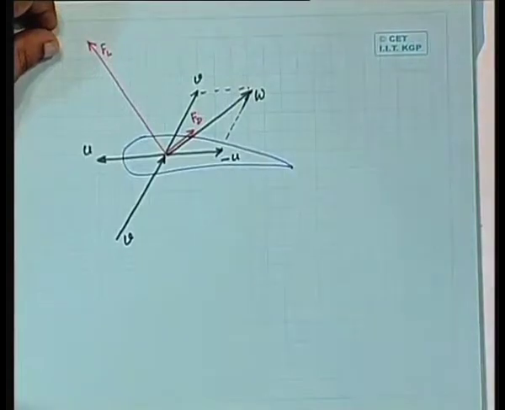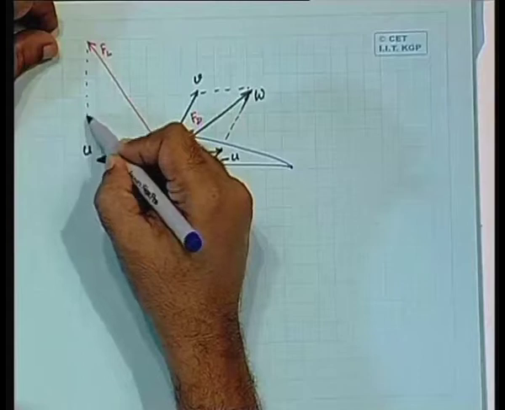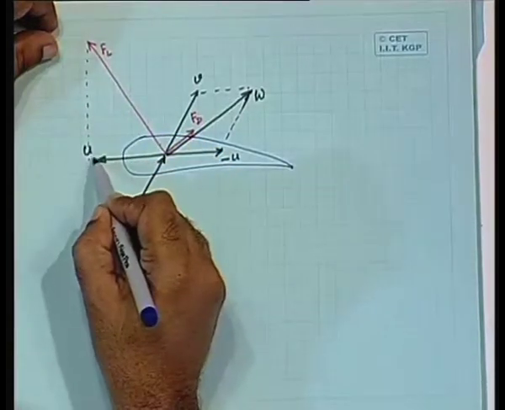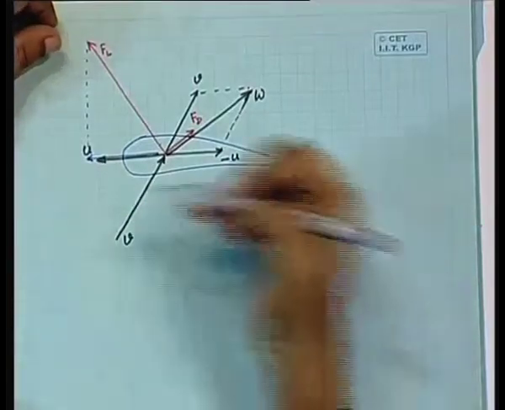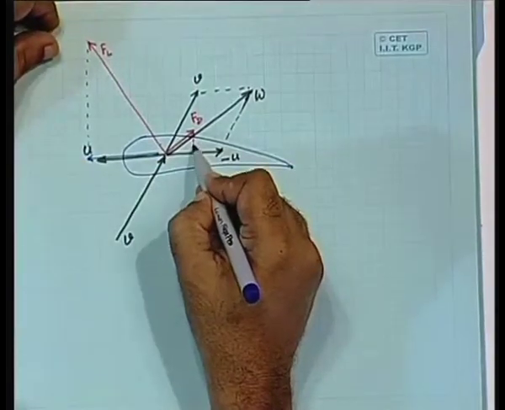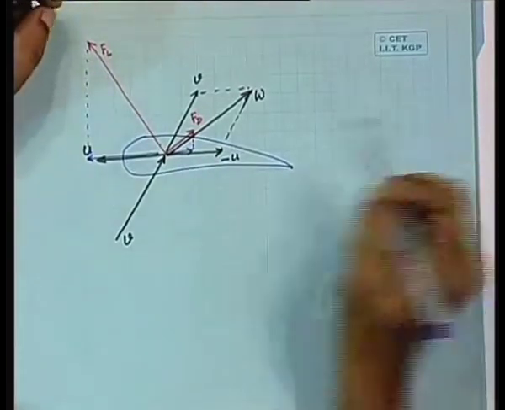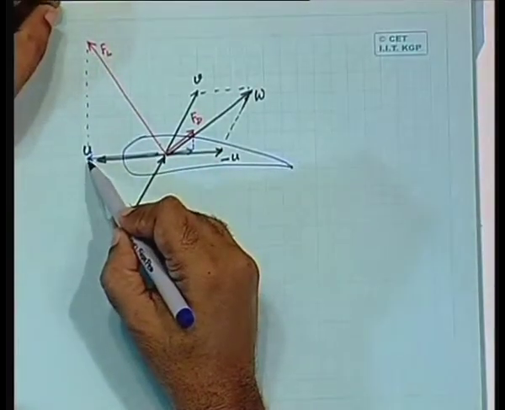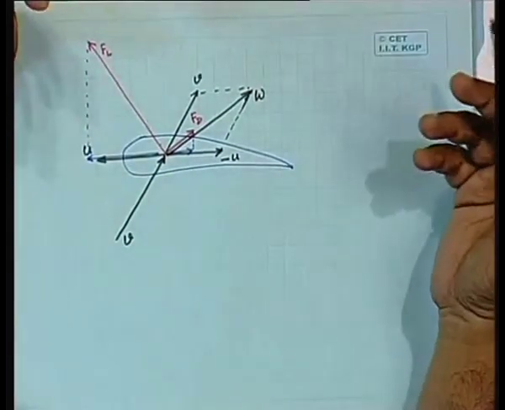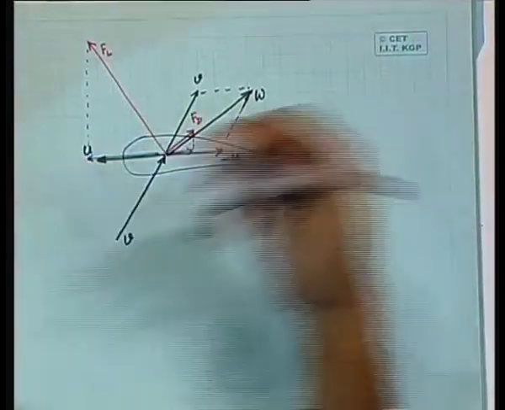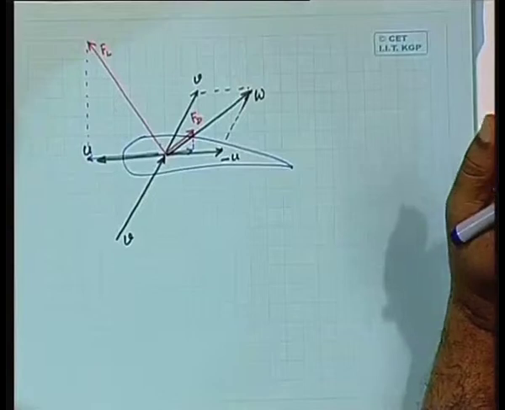So you have a projection of the lift force in the direction of motion and a projection of the drag force in the direction opposite to the motion. And since this force overwhelms this force, you have a net force that tries to push it further in the direction it is moving. So essentially this is the basic principle.